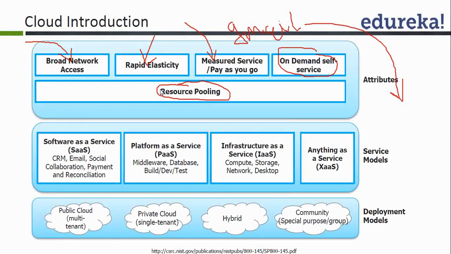But considering states like Gujarat, which are having 24/7 electricity, there is no outage. I know my friend in Gujarat says that we have never seen an outage in the electricity. So for them the power is available on demand, and they pay as you go, right? So that's a real time example of that cloud computing.